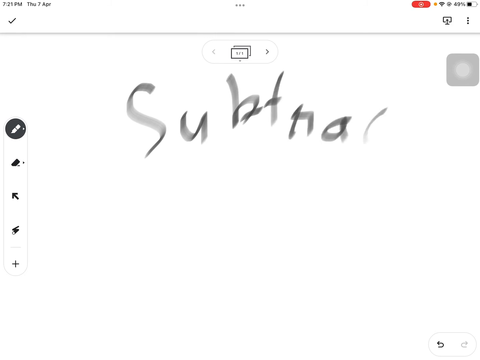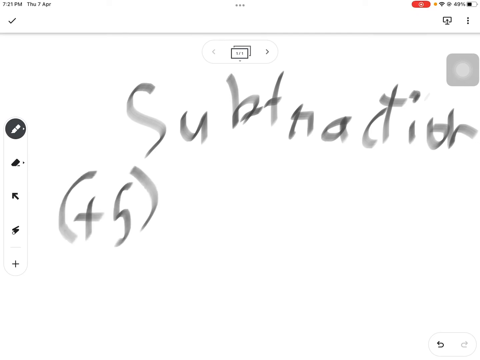And now our next topic is subtraction. So basically what we do here, let's do some questions. +5 subtracted by +2, we will get the answer.